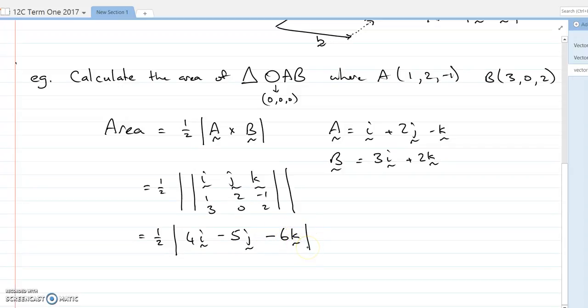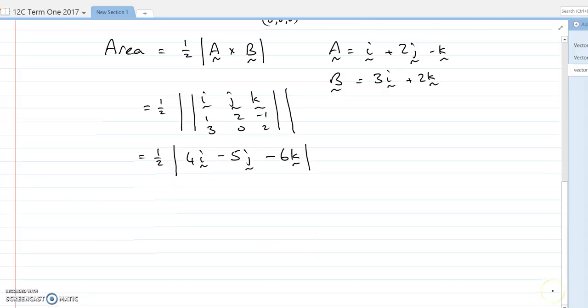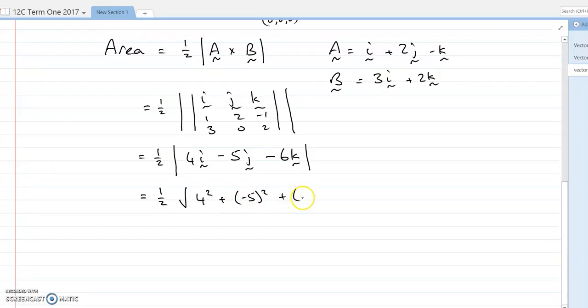Okay, so this middle part is my cross product, and we're trying to find the magnitude of that cross product. So for the magnitude of a cross product, you just square each of the numbers. It's just three-dimensional Pythagoras, so that's 4 squared, minus 5 squared and minus 6 squared.